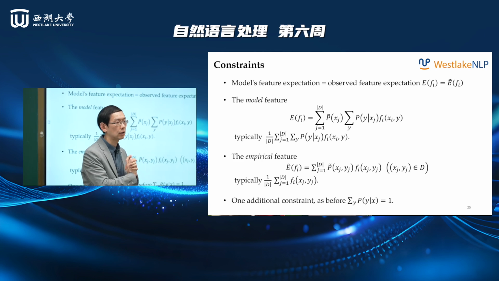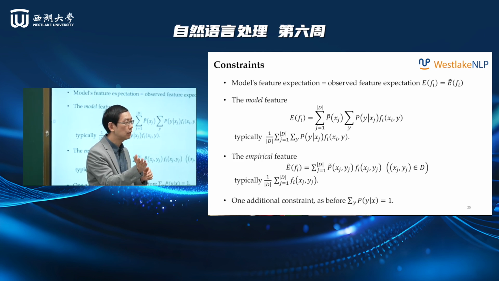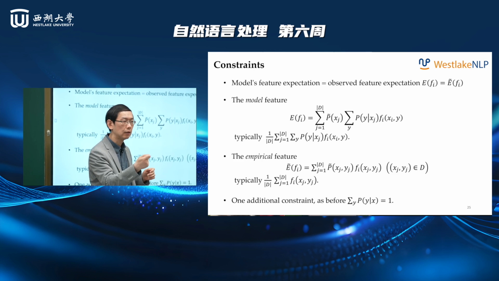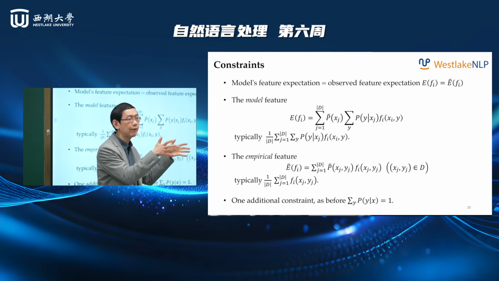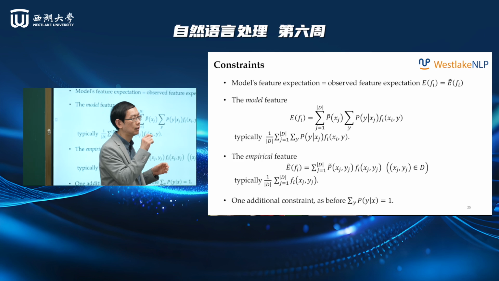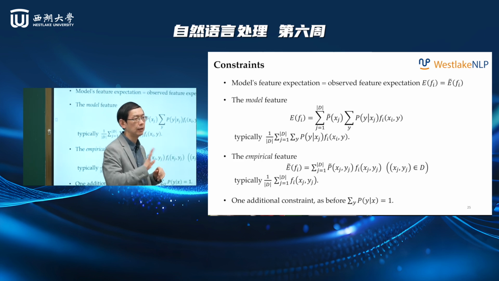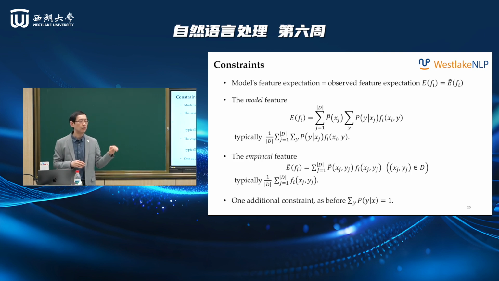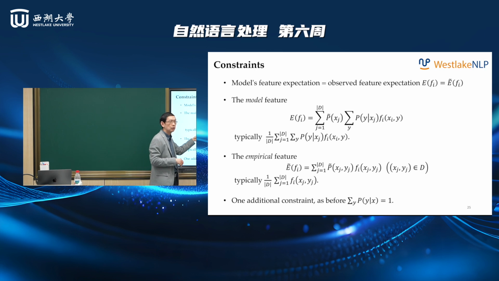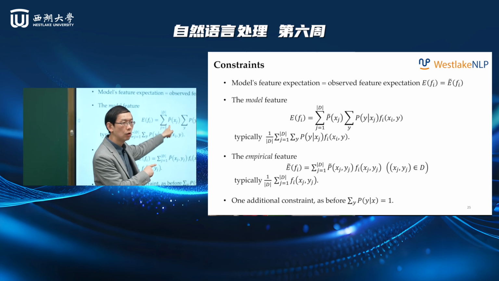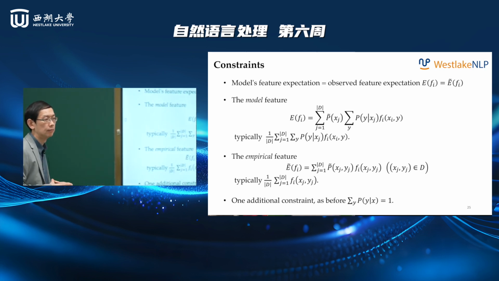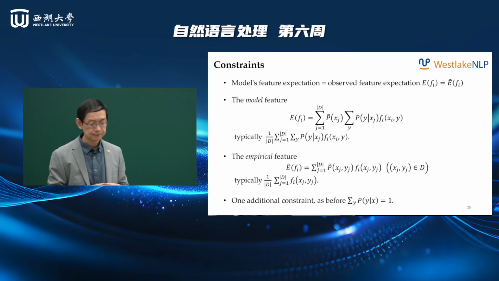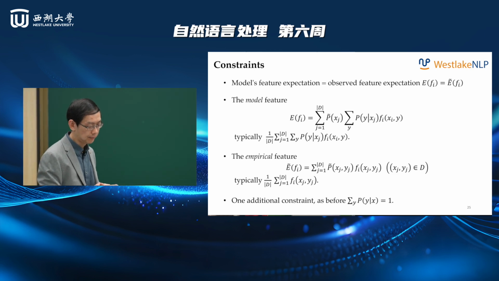This is a feature count. But if it is technology, I have a model probability, no matter what it is, but this feature doesn't fire because the feature is go and sports. So I ignore all the other things. So for every input in my training data, I enumerate possible outputs, I count the feature vector in the outputs, and I use this model probability to calculate the weighted sum. So this is the model expectation of the feature.